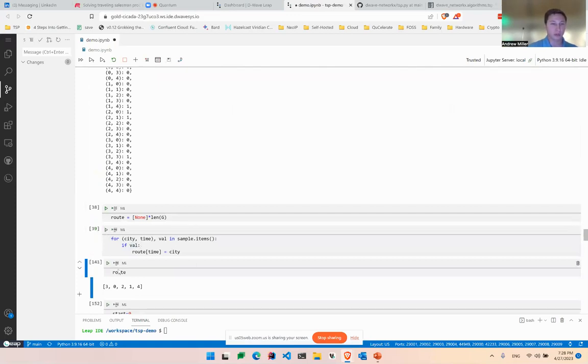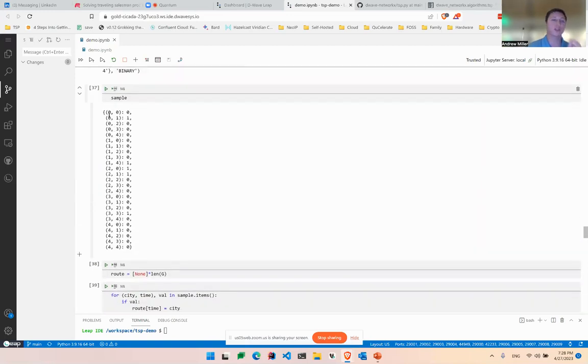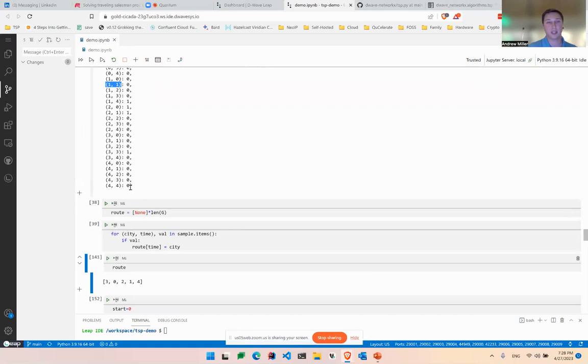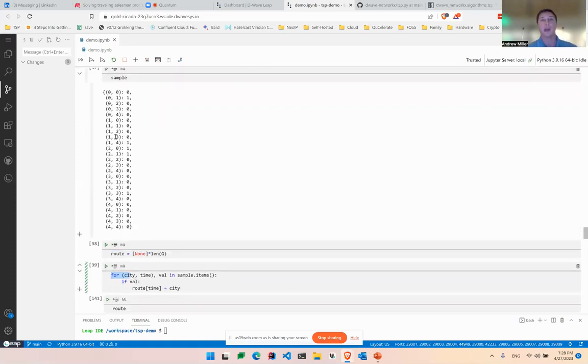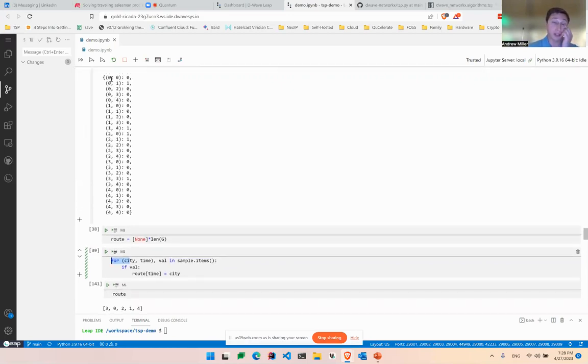And then I think the first element in this tuple, in this little vector, denotes city. And then the second one is time, which is when do you visit the city. So the way that I read this, you visit city 0 second, and then I don't know if there's one with 0. Yeah, so you visit the city 2 first.